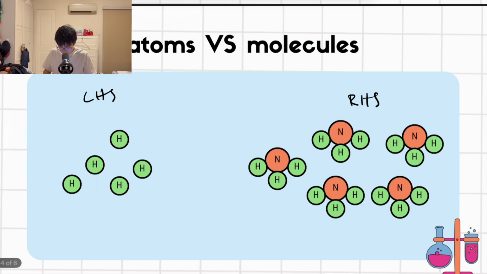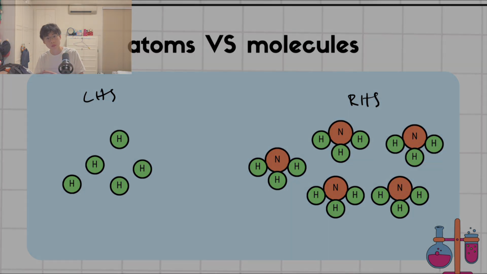And so in nature, within an ammonia molecule, in this case on the right-hand side, the atoms within the molecule don't split up. They act as one single entity during reactions and in how they behave. And therefore, one ammonia molecule is one ammonia particle.